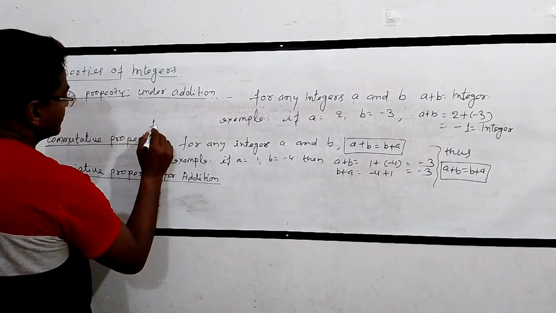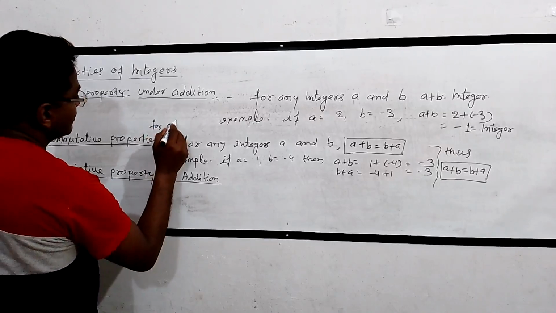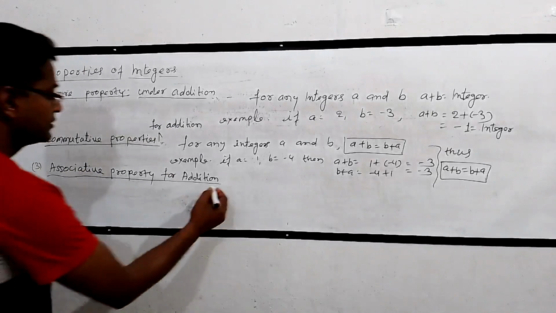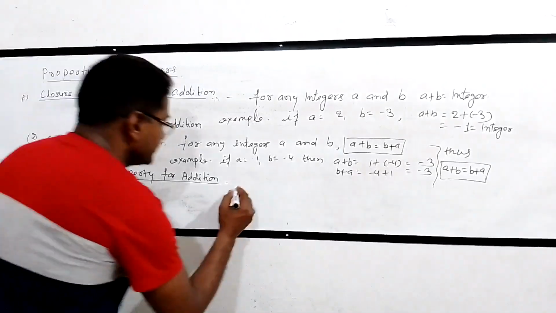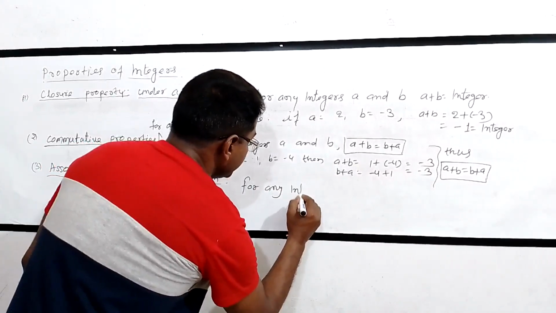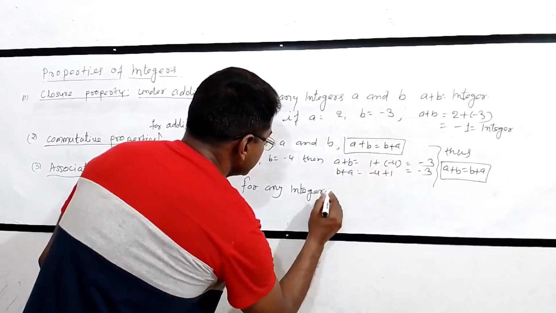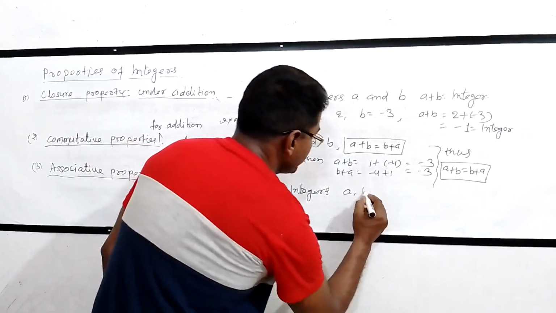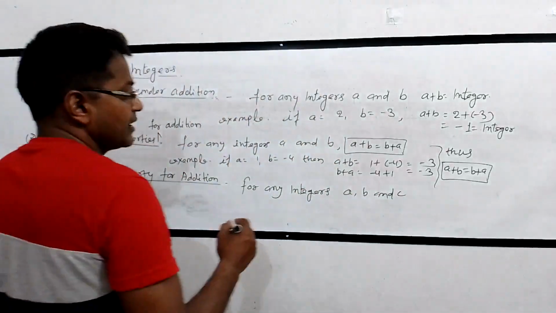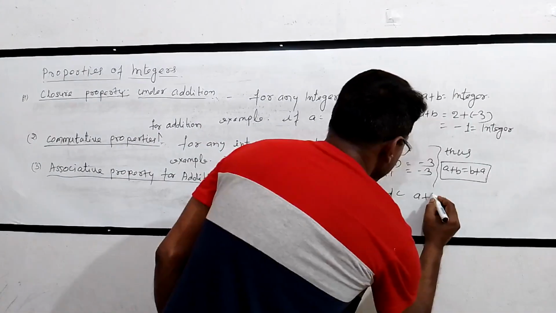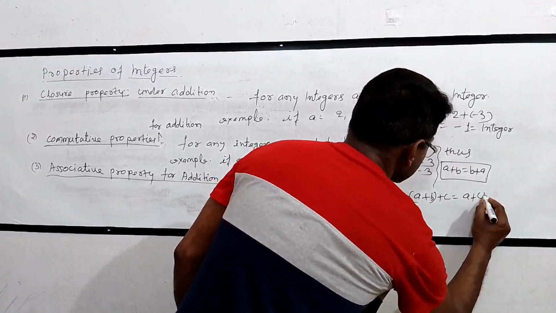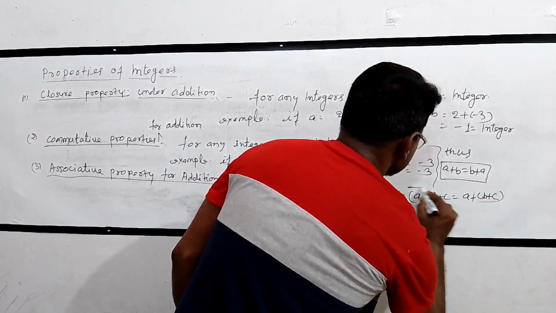This is again for addition. So for any integers a, b and c, a plus b plus c is equal to a plus b plus c, grouped differently.